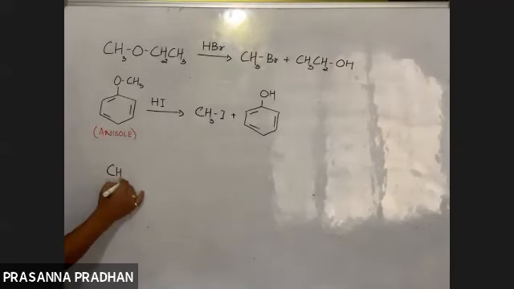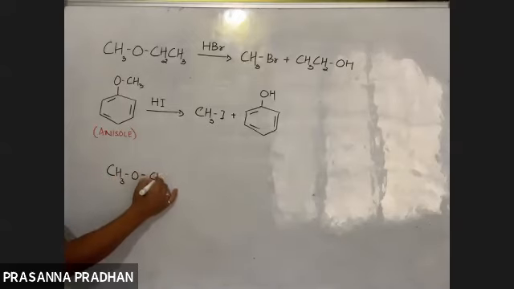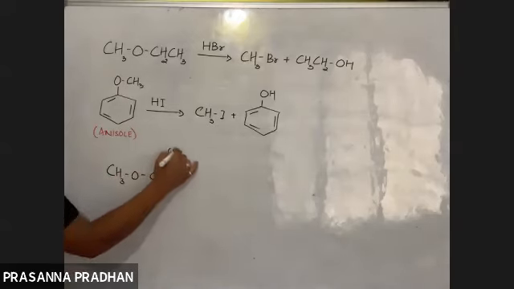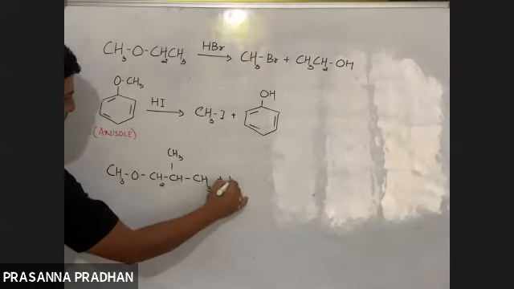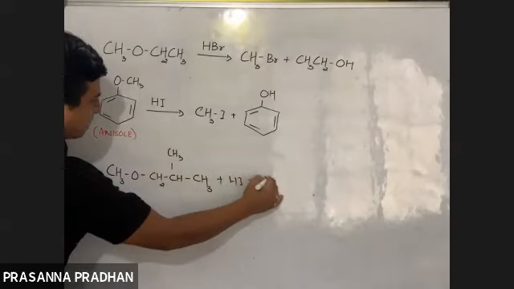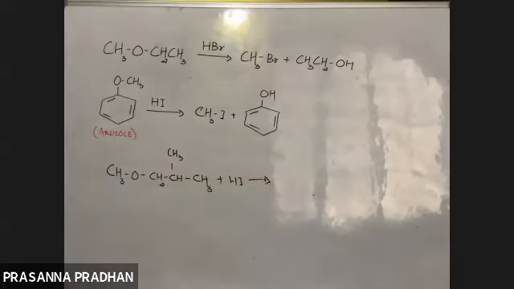One more. Chalo, predict the product now. Again, this is a primary alkyl group. The carbon attached to oxygen is a primary carbon, so both are primary alkyl groups. Don't think it's secondary.